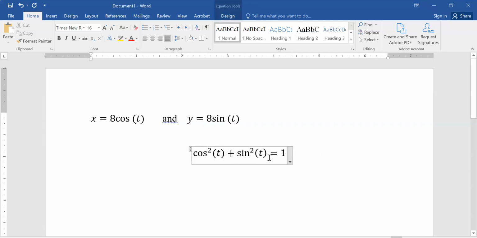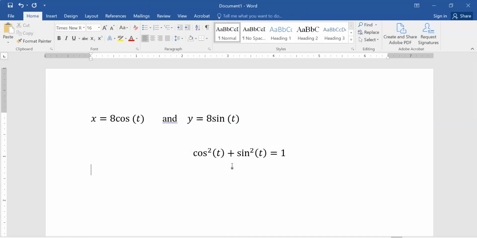squared equals 1. Okay? So instead of solving this one all the way down for t, what we're going to do is solve this for cosine, solve this one for sine, and then plug those into the equation. Now I have to realize that this is cosine of t squared and sine of t squared.